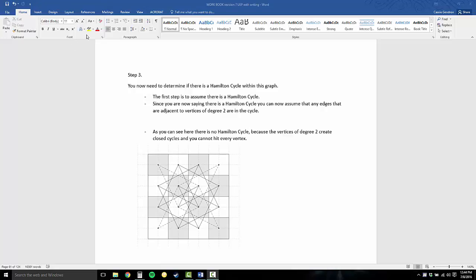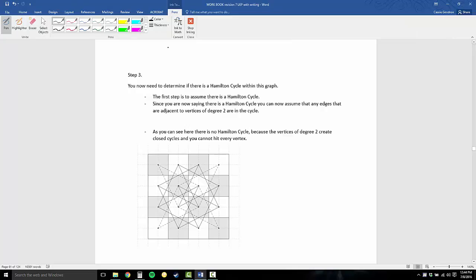I'm not going to really go over the group work because I want you to discover it. But the whole point of the group work is to show you that when you're looking for Hamilton cycles, or looking to prove something doesn't have one, you have to start with the vertices of degree 2. If I had a Hamilton cycle, I know that I have to go in and out of each of these vertices.